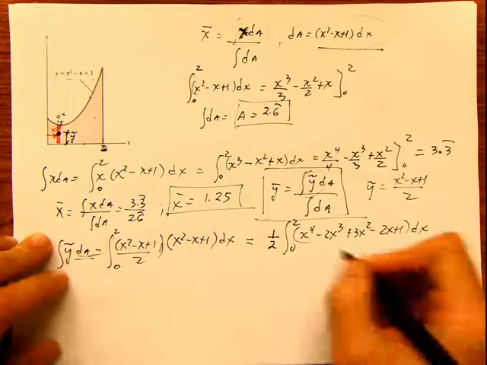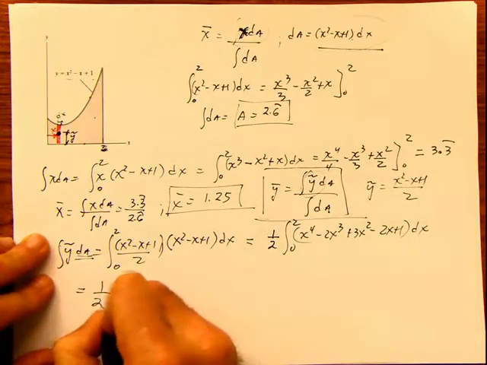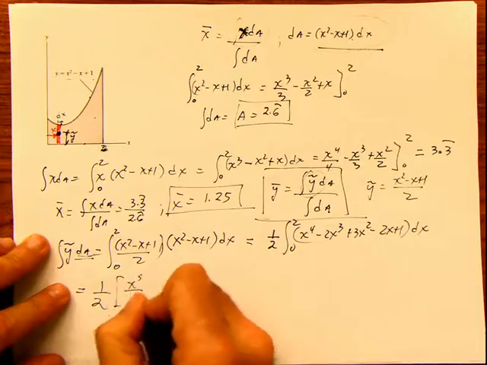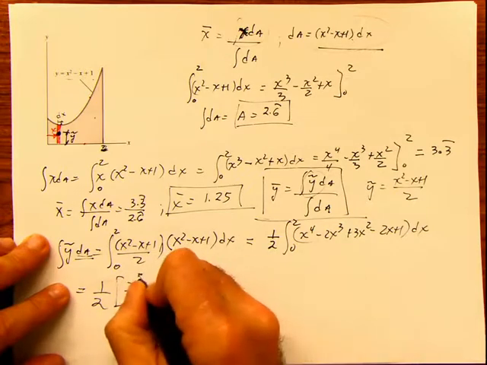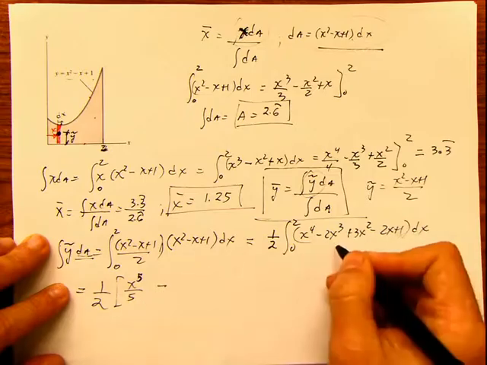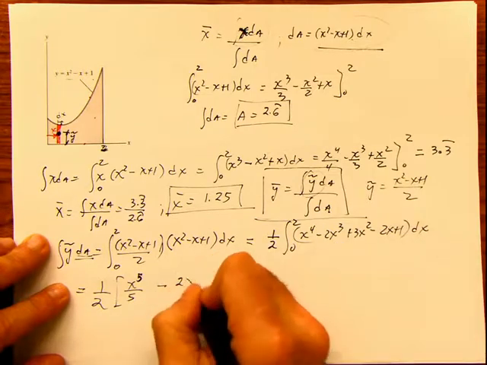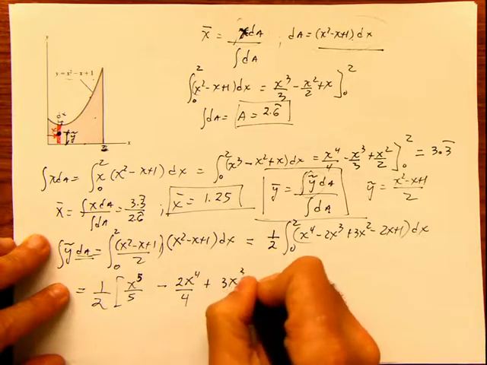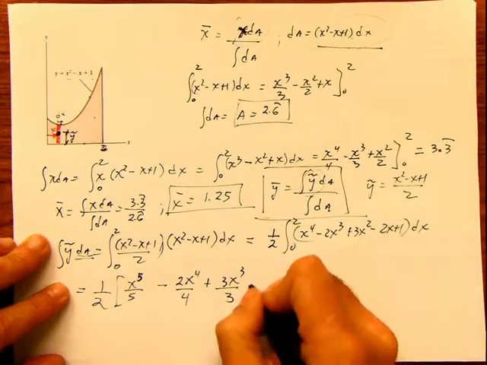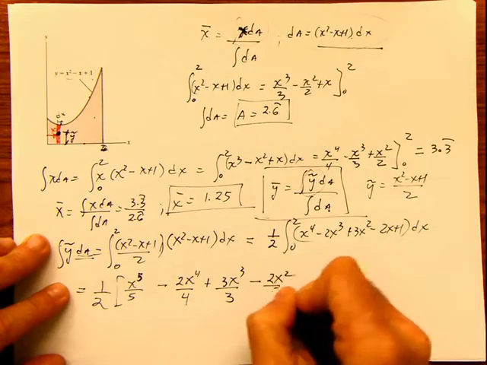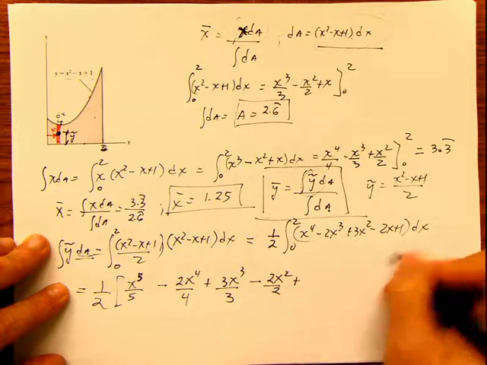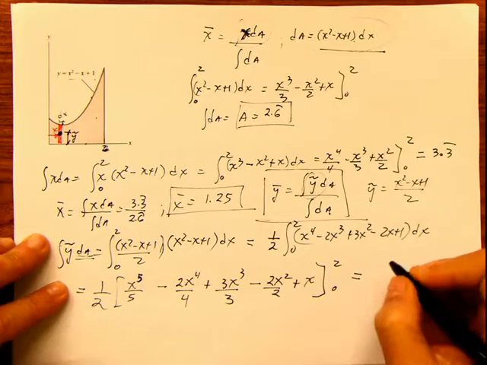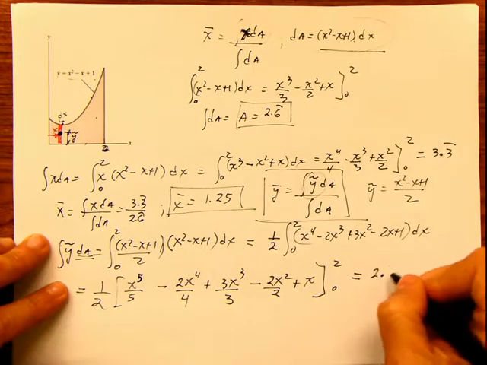And when you solve this, it is 1/2 of x to the 5th divided by 5 minus 2x to the 4th divided by 4 plus 3x to the 3rd divided by 3 minus 2x squared divided by 2 plus x, evaluated between 0 and 2, which gives us a value of 2.2.